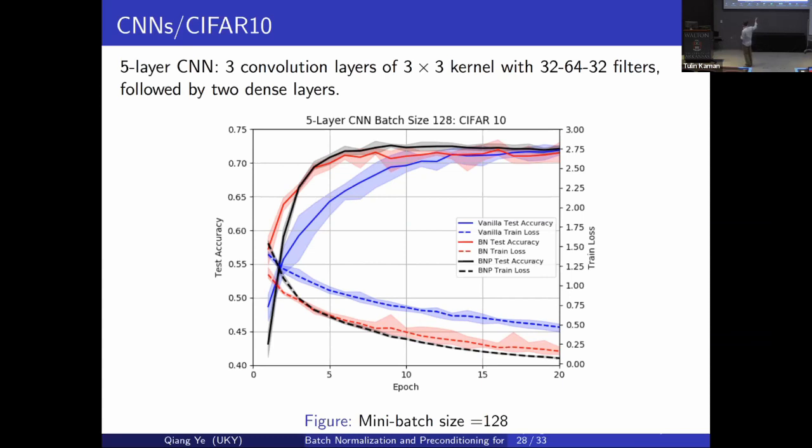I only show you 20 epochs; if I show you more, it actually goes down more. The dashed line is training loss. If I continue training, the training loss will go down but level off, while the test accuracy won't increase.